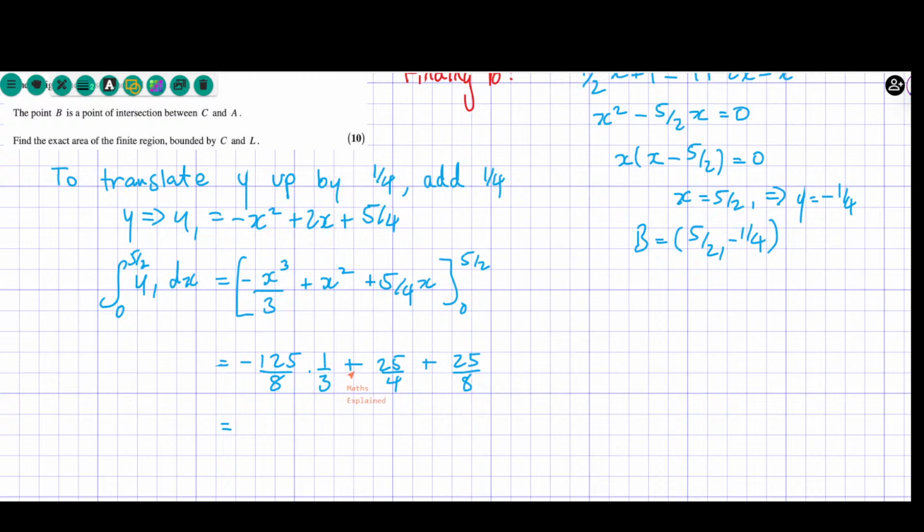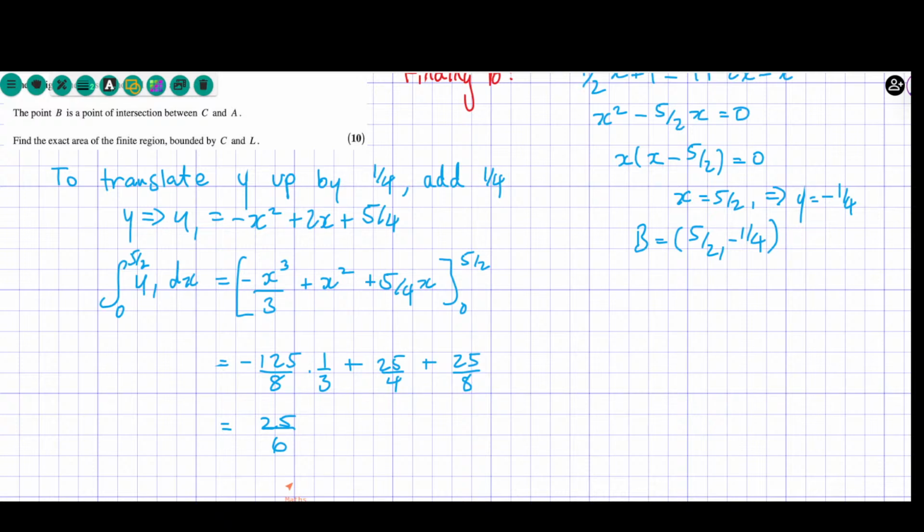No need to simplify by hand, but this does simplify to 25 on 6. Yes, I got the same. Yep. That's the area under the quadratic.